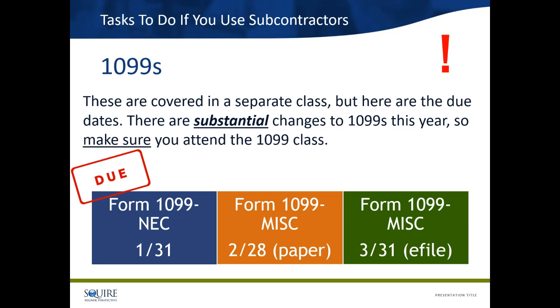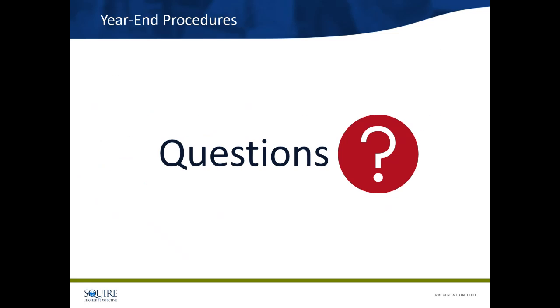It's a good practice going forward to get those up front and let people know that you can't pay them until you have a W-9. That eliminates a lot of the hassle of scrambling to get those W-9s in January. So start thinking about that now.